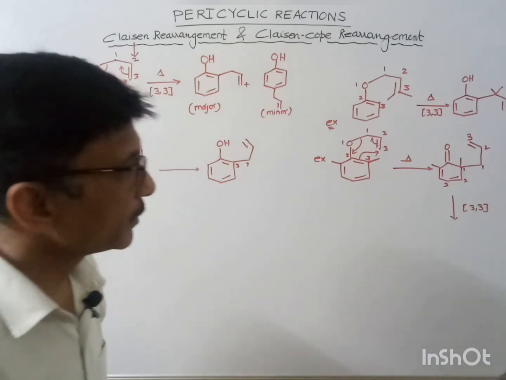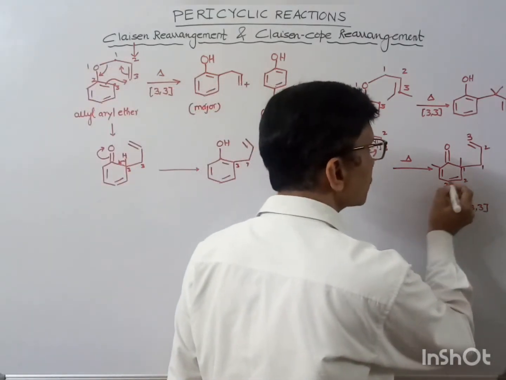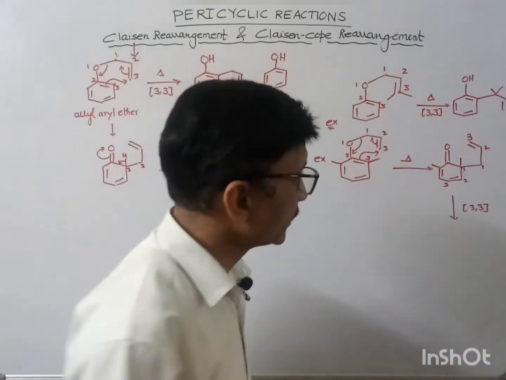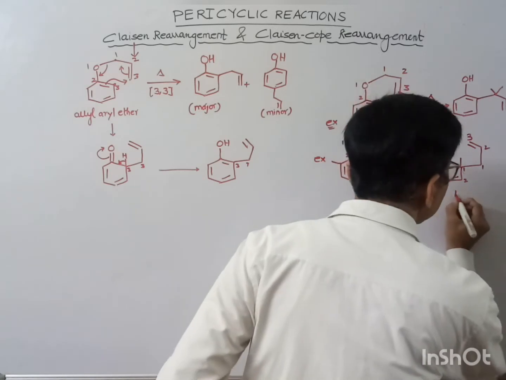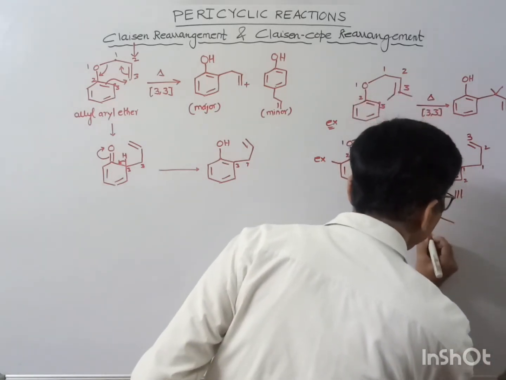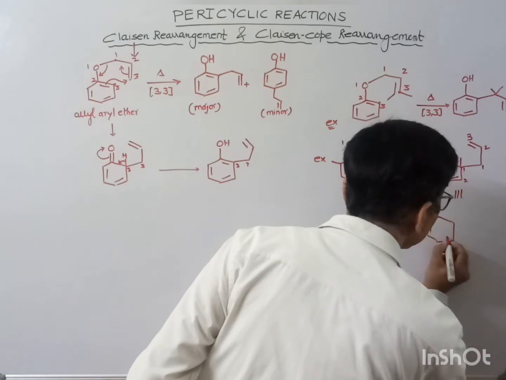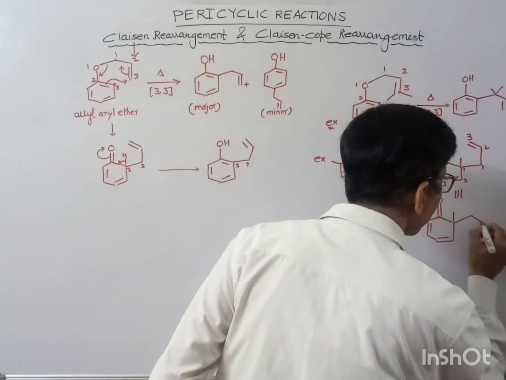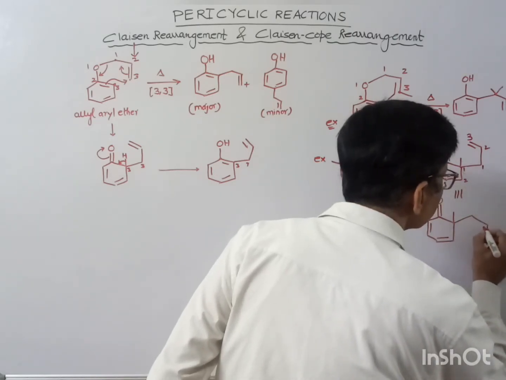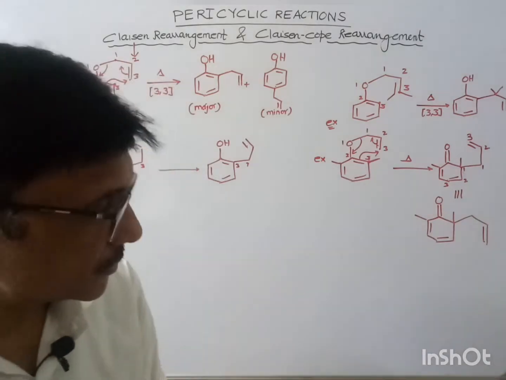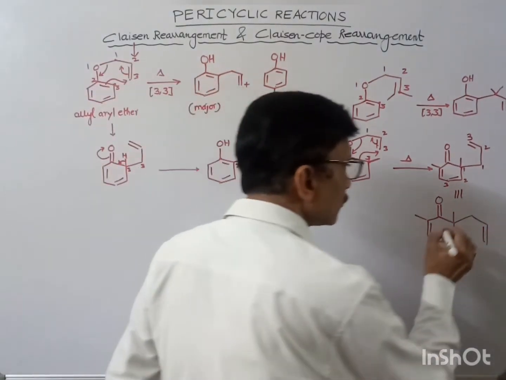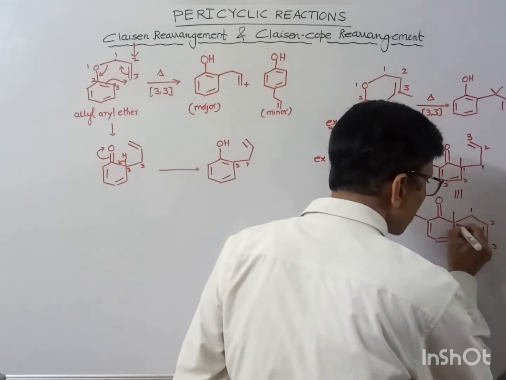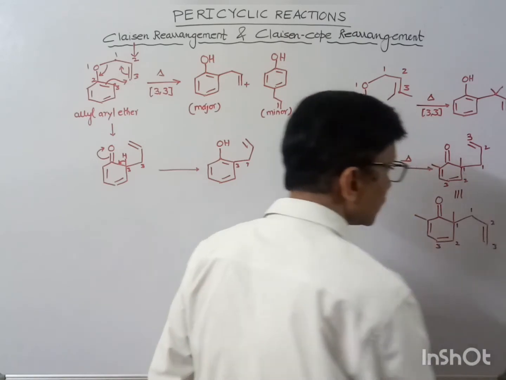Now the bond forms between this carbon as well as this carbon, this one or this one, or otherwise, for my simplicity, I may write here in this way, and now you may give numbering. This is number 1, 2, 3, and this can also be given number 1, 2, and 3.